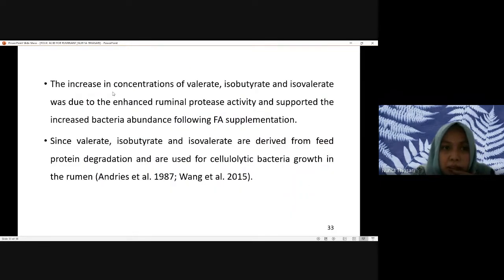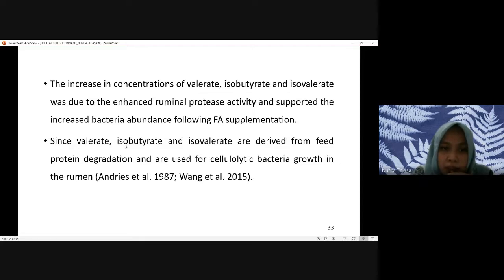The increase in concentration of valerate, isobutyrate, and isovalerate was due to the enhanced ruminal protease activity and supported the increased bacteria abundance following folic acid supplementation.